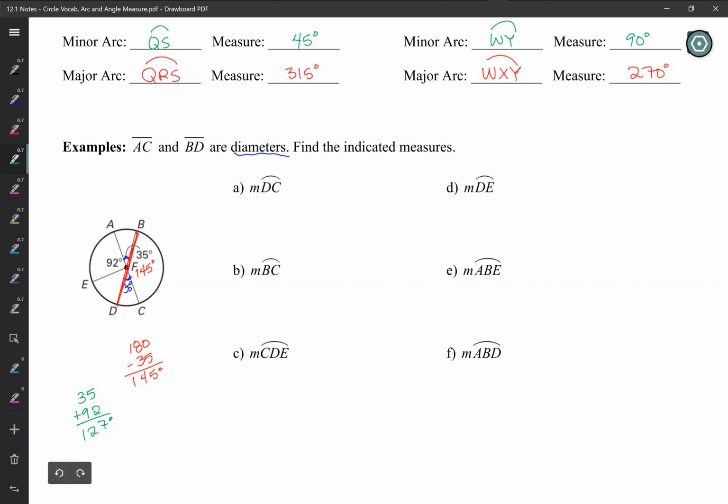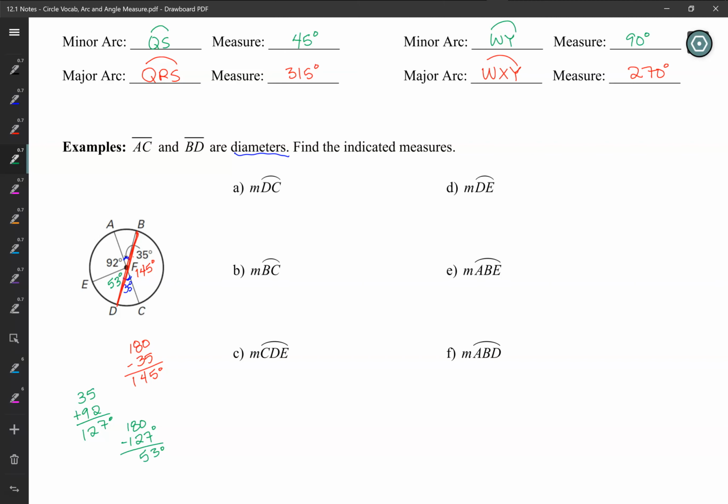That's 127. And 180 minus 127 is 53 degrees. All right, so I have all my angles filled in.